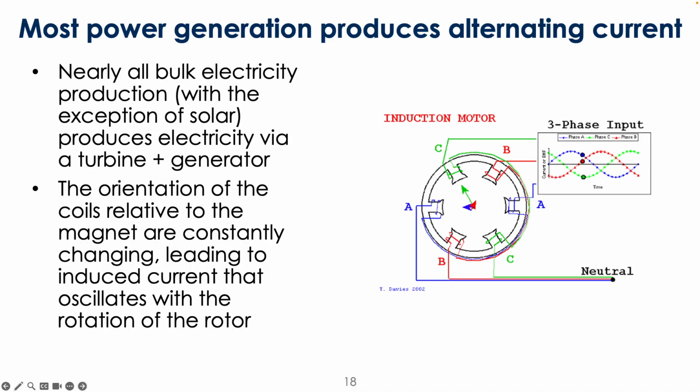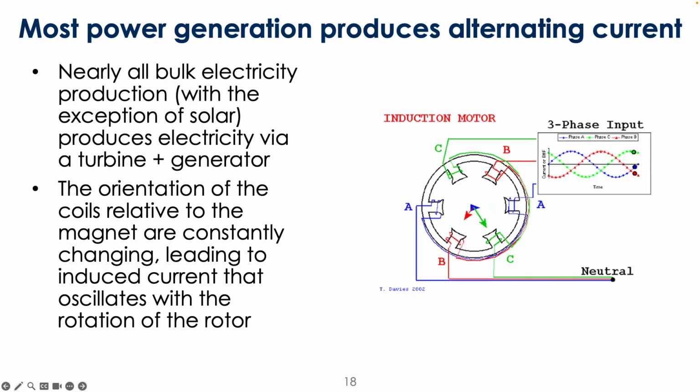Okay, so the AC/DC, we'll talk about this a little bit more. We covered some of the basics in lecture 1, right? But as a reminder, nearly all bulk electricity, with the exception of solar, is produced via a turbine and a generator.